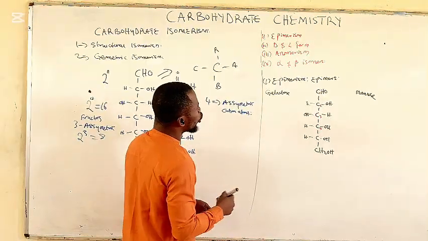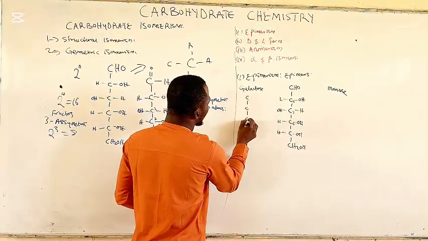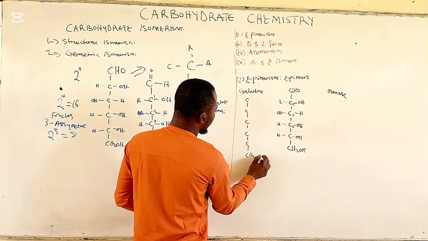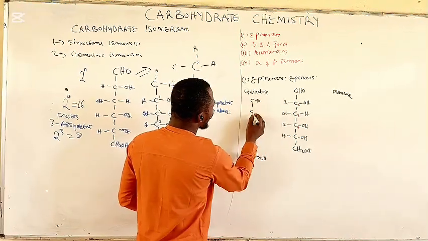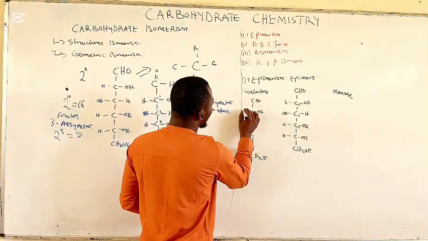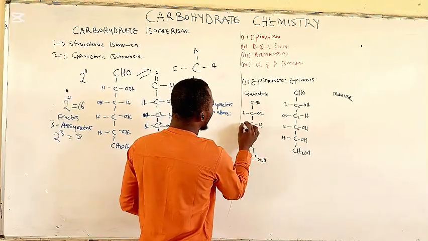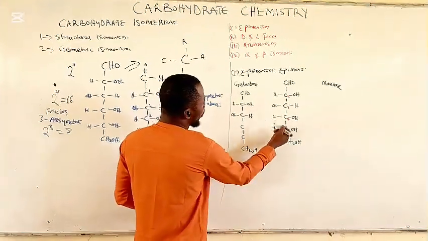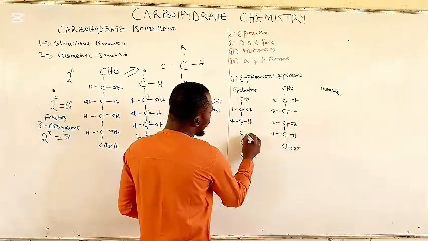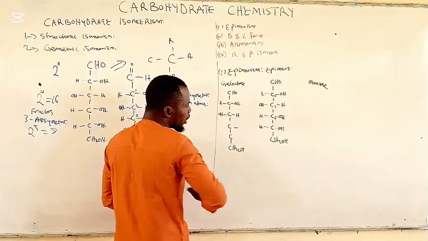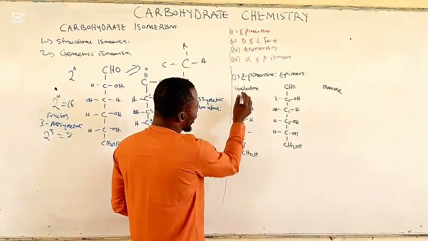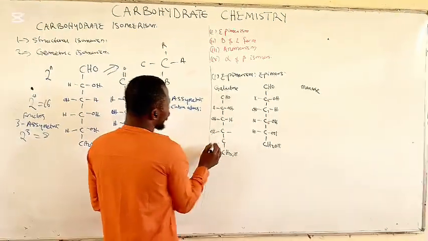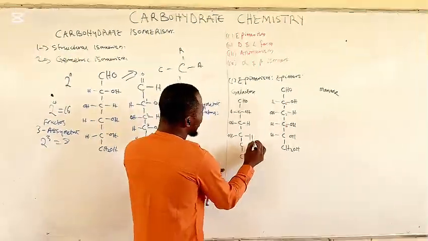So now let's draw the structure of galactose: carbons 1, 2, 3, 4, 5, 6. Carbon 2 is the same as glucose, and carbon 3 is the same as glucose, whereas in carbon 4 there is a difference in orientation. In carbon 4, the OH of glucose is facing right, so for galactose it will be facing left, while the hydrogen will be facing right.